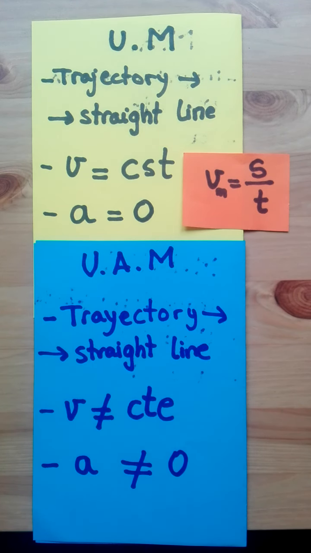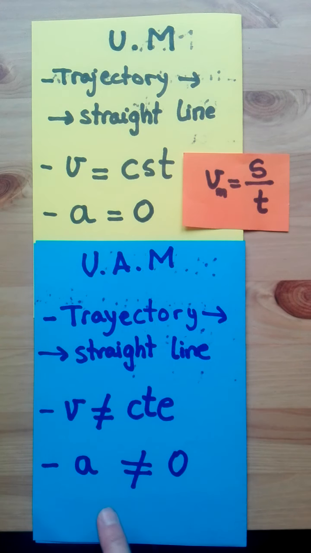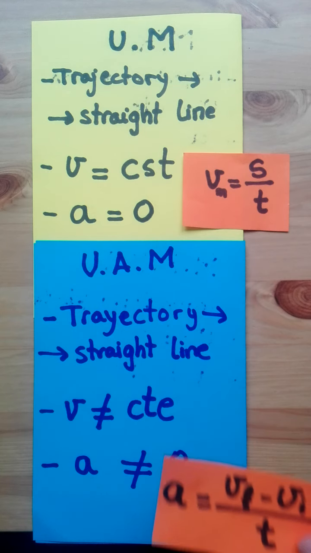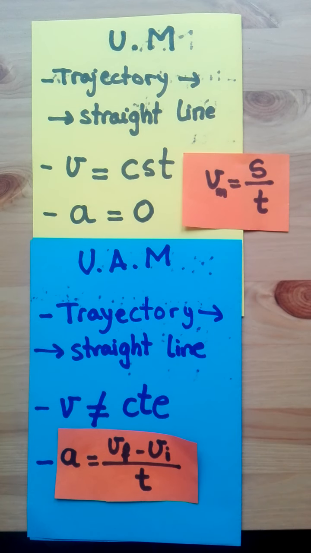So if the speed doesn't change, we are not going to have acceleration, while if the speed changes, we are going to have an acceleration. The acceleration is not zero, okay? And what is that? Where is the acceleration? This is the acceleration. The acceleration is the change of speed with the time, okay?